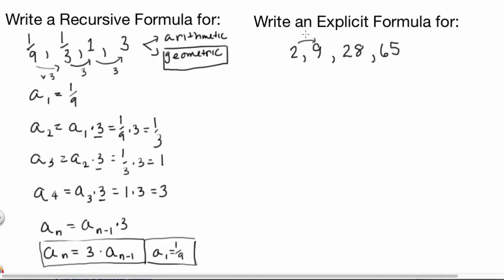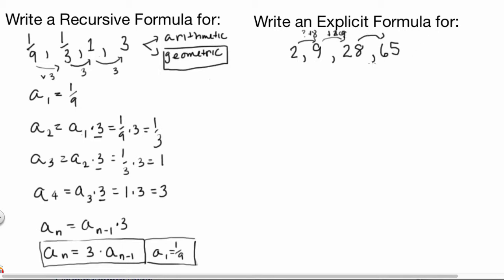So first we want to look for something. Do we see a common ratio, or is this an arithmetic sequence? Well, if we add 7 to that, I know I wrote 8, but that was wrong. I think I was distracted when I wrote that, so forgive me for that mistake.